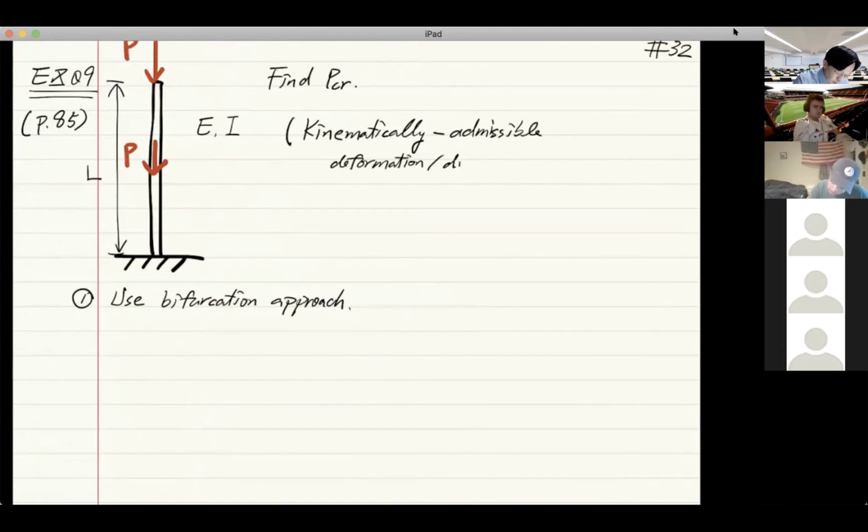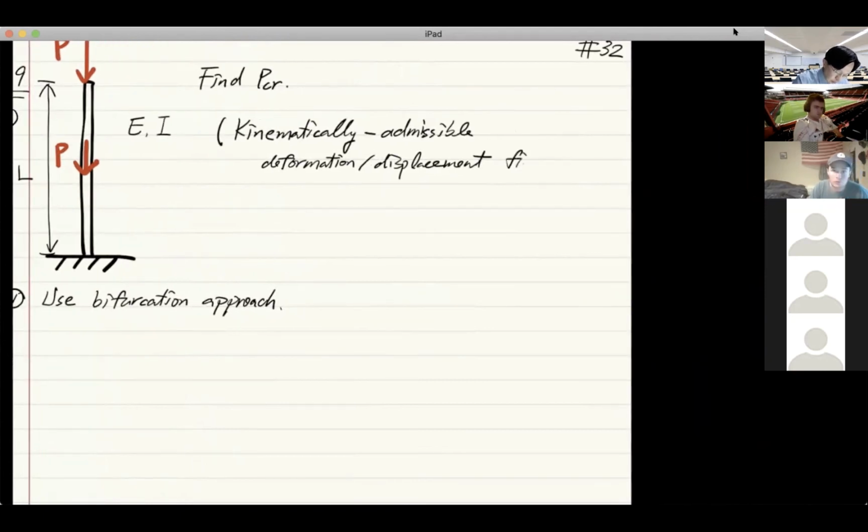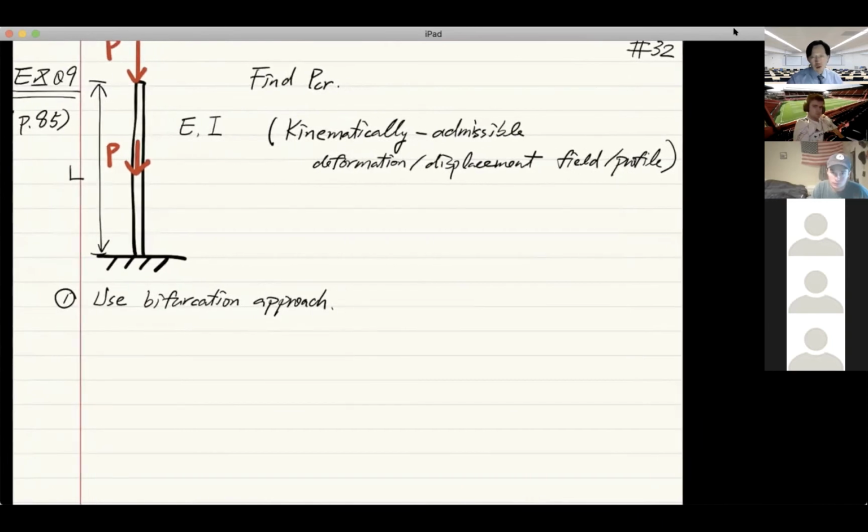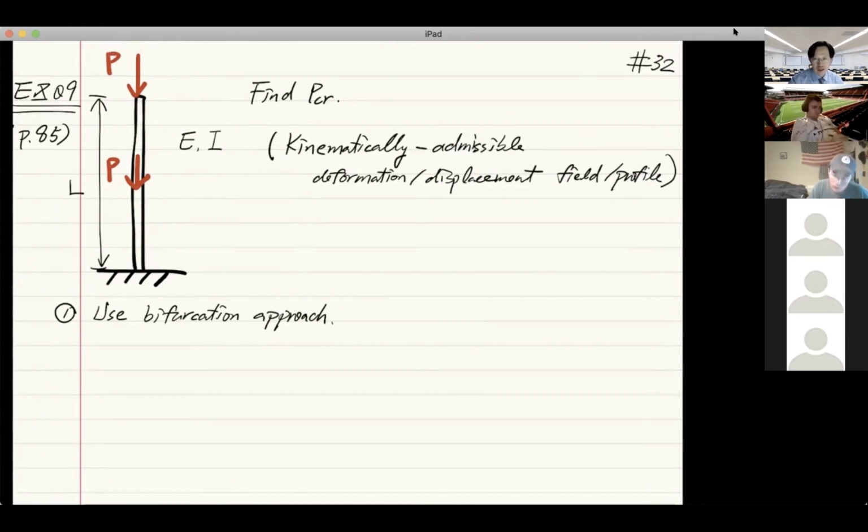Sometimes we call it displacement. You can call it field or you can call it profile. What it says is you have to consider that given these boundary conditions and this type of loading, what will be the possible deformation that this column can exhibit? So that's basically what it says.